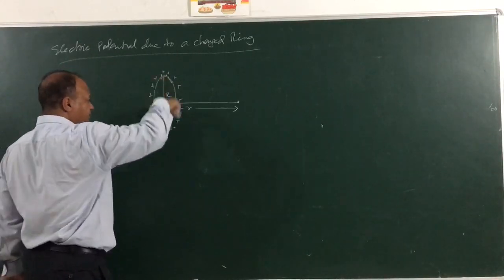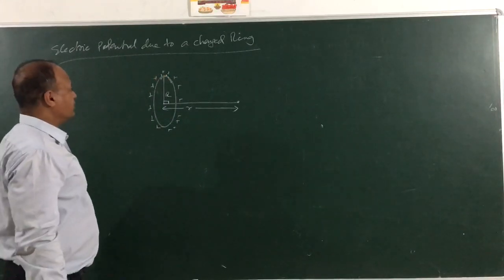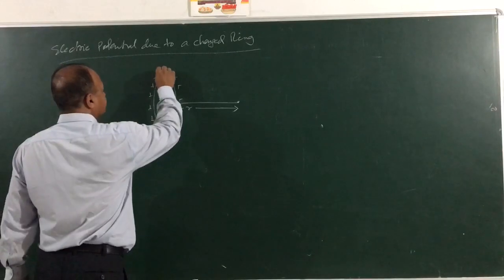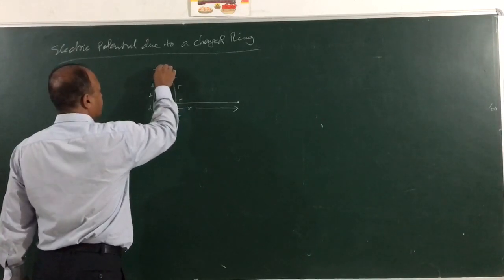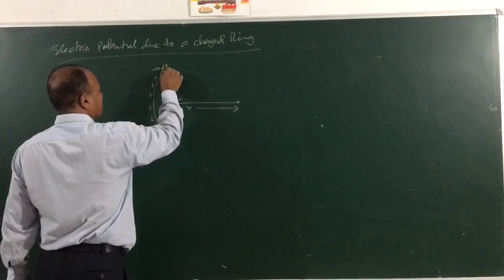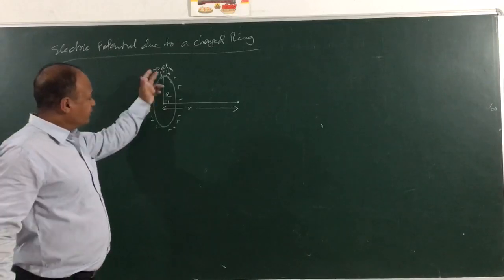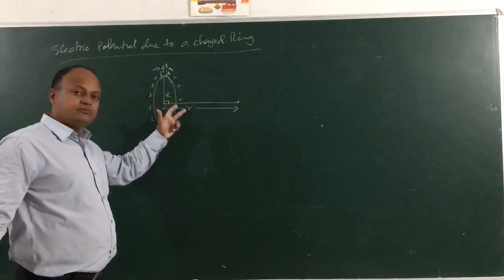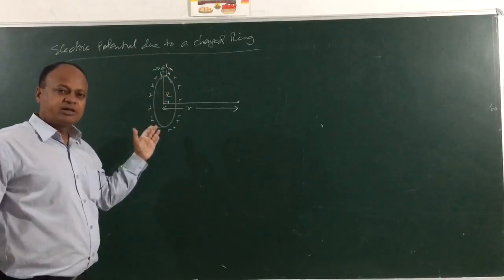If I add up all the small parts, I'll get the whole ring. So I'll consider a small part of this ring having length dl. And eventually, if I go on adding the charges in the small parts, it will generate the whole ring, right?